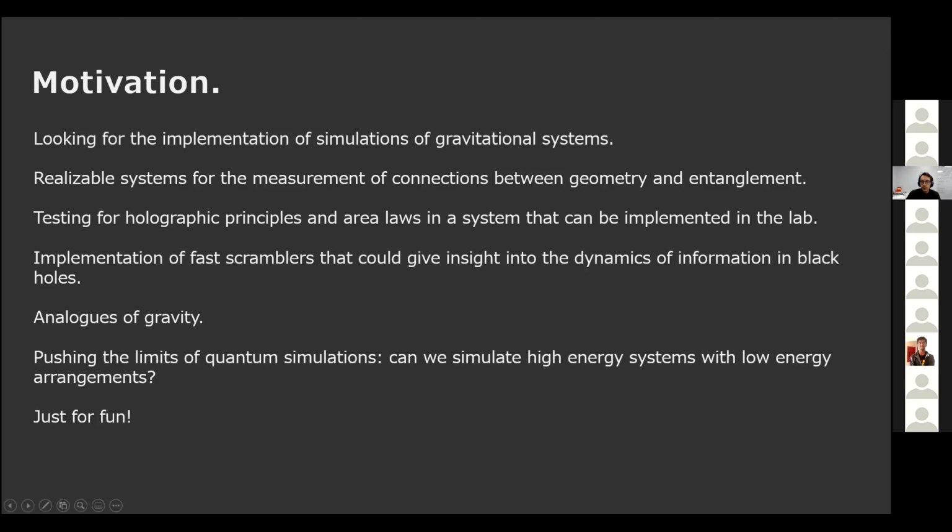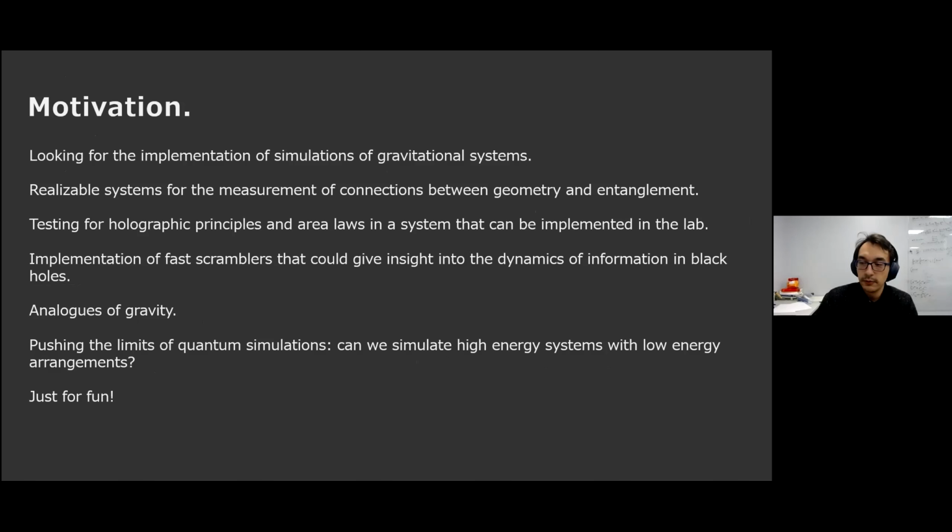So in terms of the relation with curved geometries, it would be more precisely when we're looking for systems where we can do simulations of gravitational systems, where we can look into some of these interesting ideas that theory has come up with that relate geometry and entanglement, as well as testing the holographic principle and some of the other area laws.